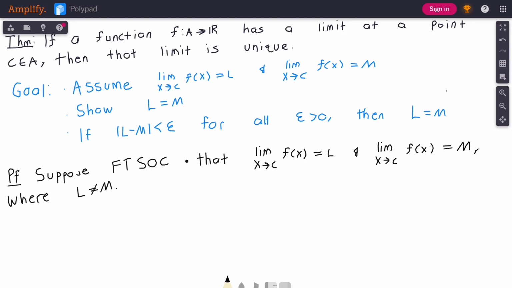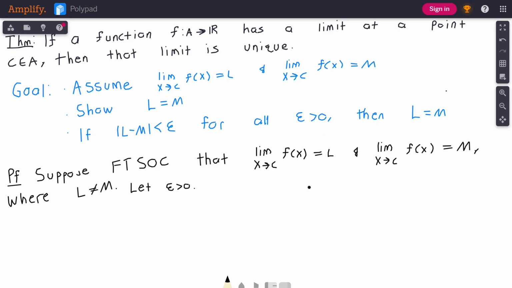Okay, now we're going to let epsilon be greater than 0. Getting kind of messy here, maybe a little bit. Let epsilon be greater than 0. Okay, so now we're just going to follow what we know.